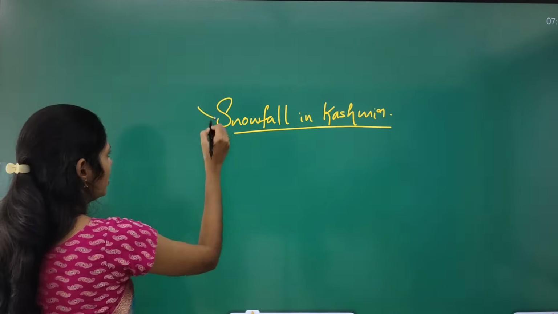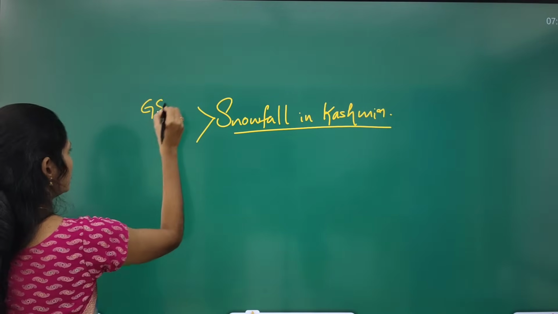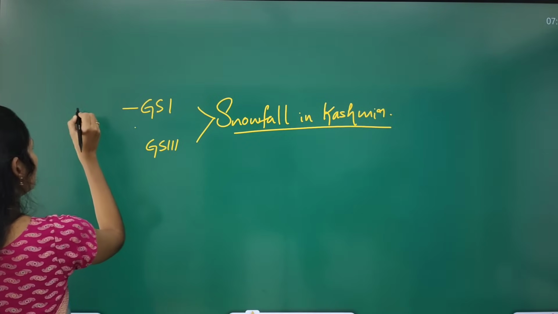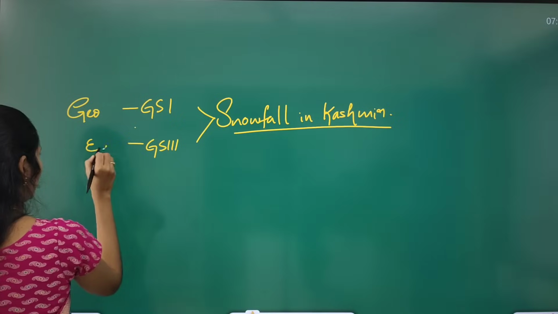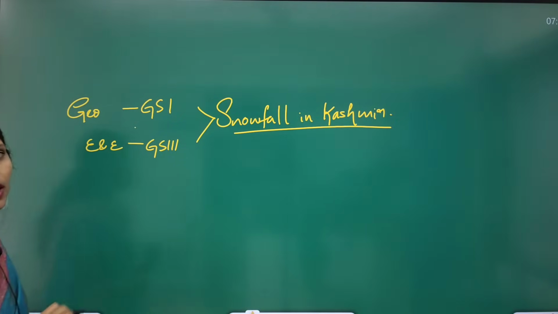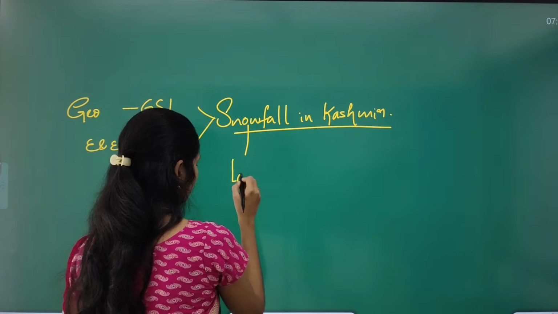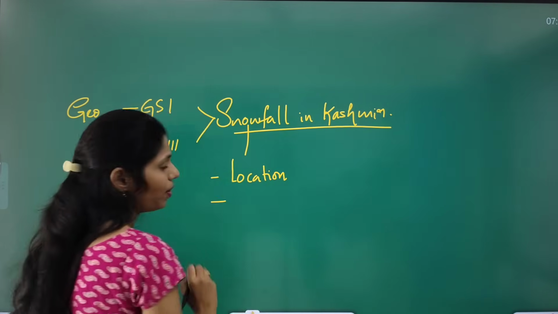We can connect this topic with two subjects, that is GS paper 1 and GS paper 3. In GS paper 1 we have geography, and in GS paper 3, environment and ecology. From the geography point of view, you have to see the location. And there are some important concepts.